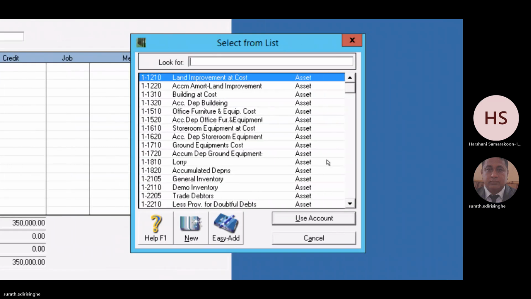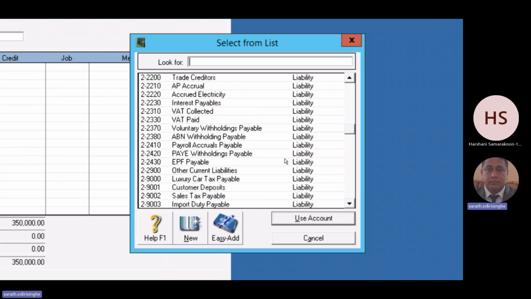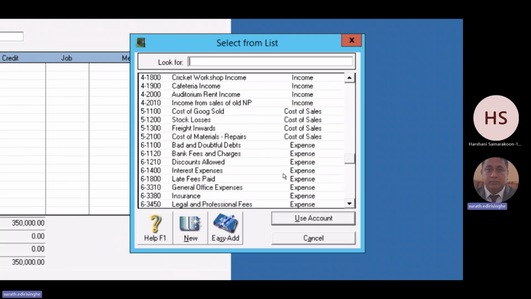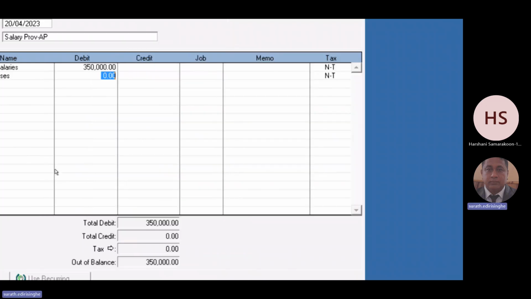Next. Debited on my EPF account. EPF account is there. Yes. Tell me the number. EPF account is there, not ETF, no? Right.